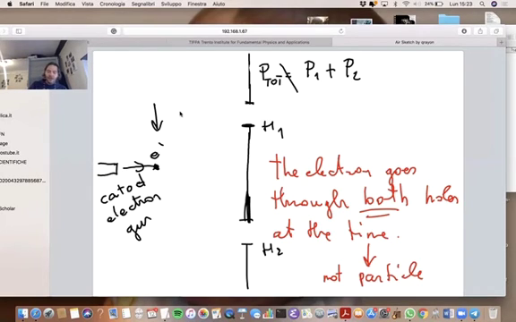So if I look at this, I say that the electron is not a particle, but if I look at the detectors and how they react to the arrival of the electron shower, we know that the electron is not a wave.